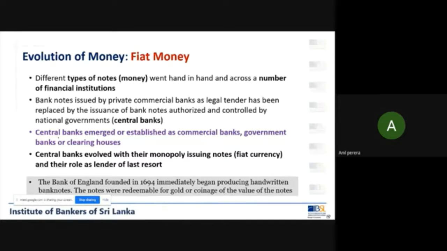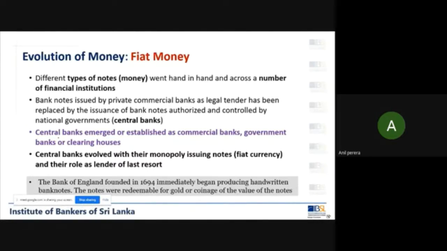You know it, no? If someone starts a Kottukada, and you see a very good business is there, others will also do the same. They follow the same. Whenever you see some lucrative business opportunity, you will enter the same business. Likewise, this money business was seen as an interesting business.